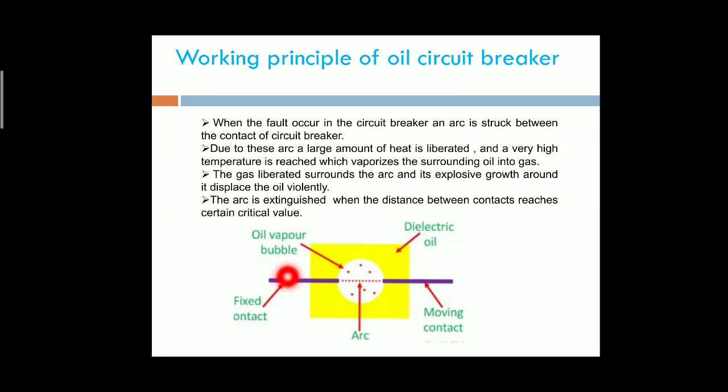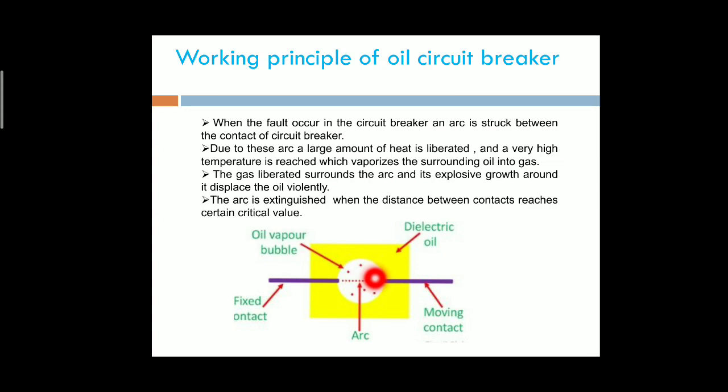This is the fixed contact and this is the moving contact. When a fault occurs, the moving contact moves away from the fixed contact, and an air gap is obtained. In that way the arc is produced.